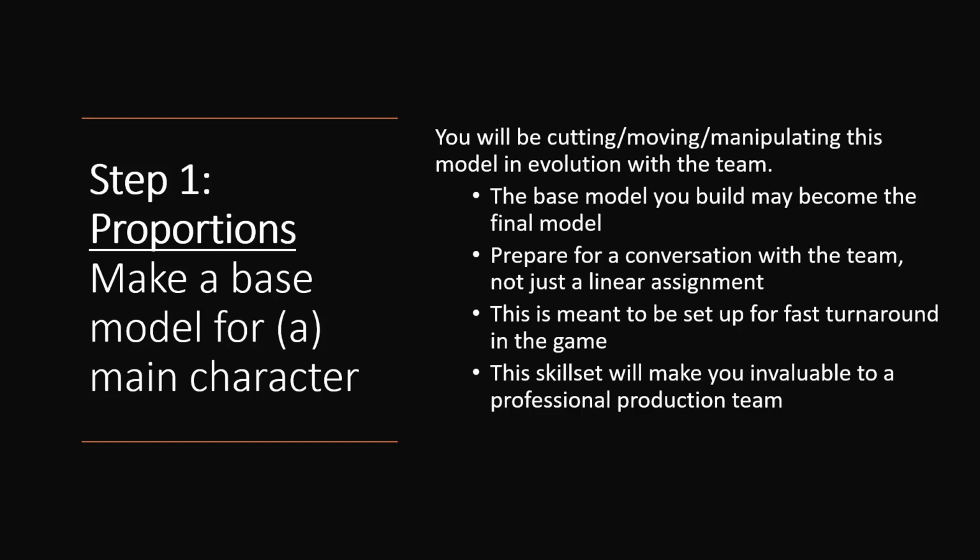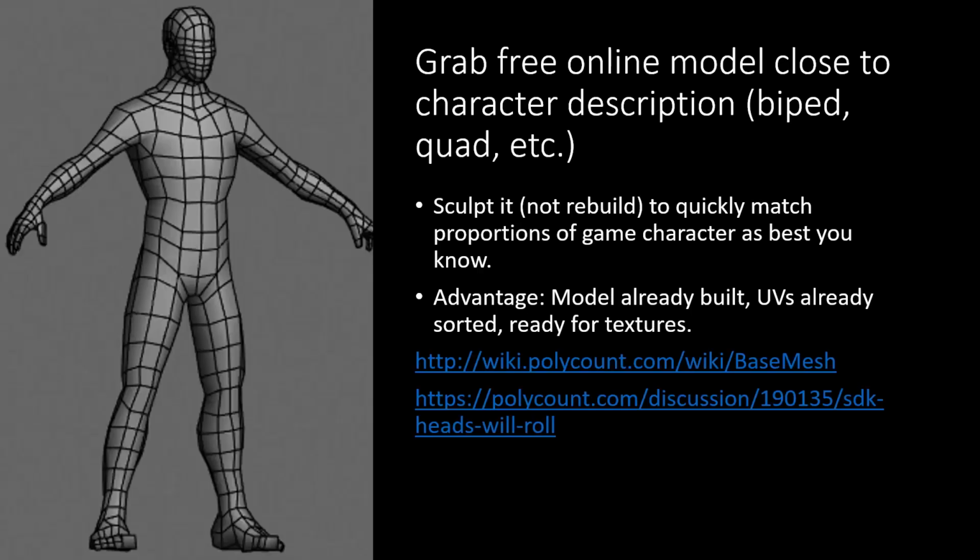I mentioned it a couple times, along with some other points in this that I think are very important. So look, grab a free online model close to your character description if you don't have one. If you have one in your arsenal already that'll do, grab it, go with it.